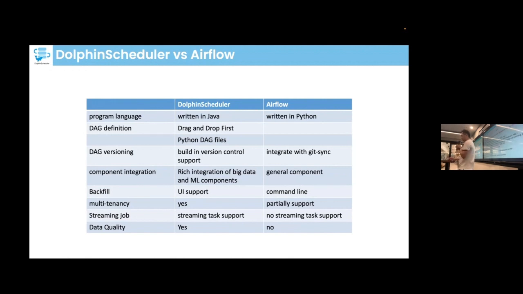In the coming future, DolphinScheduler will release the 3.2.0 version. Here are the features. There are a lot of features and enhancements, so here I would like to highlight some of them. The first one I want to highlight is that it supports more data sources.